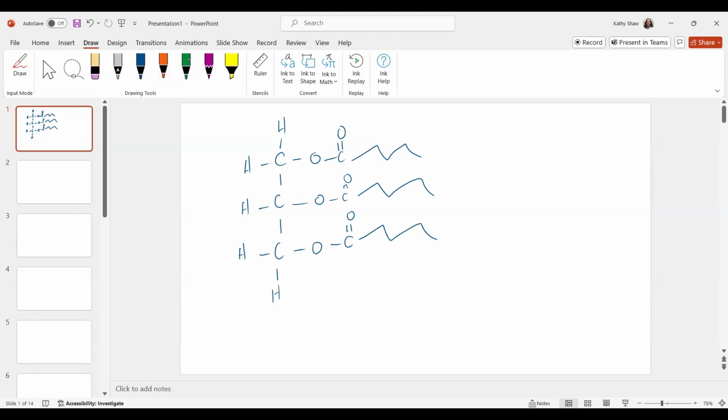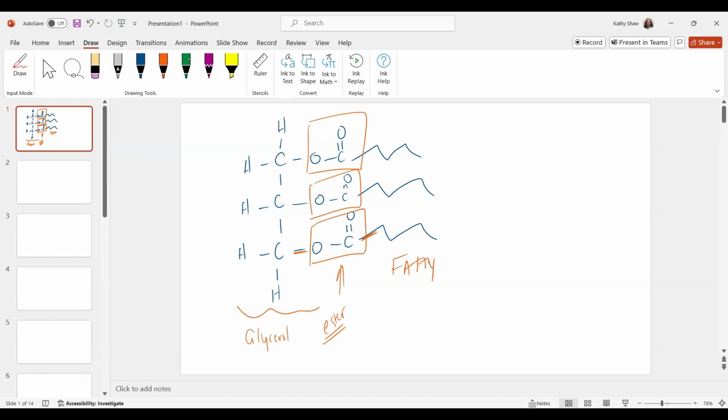And of course, our ester bond is the carbon double bonded to one oxygen, single bonded to another, and attached to something else on either side. So this part started out as our glycerol. We've got our ester bonds attaching some hydrocarbons, or when we made them, what was fatty acids.